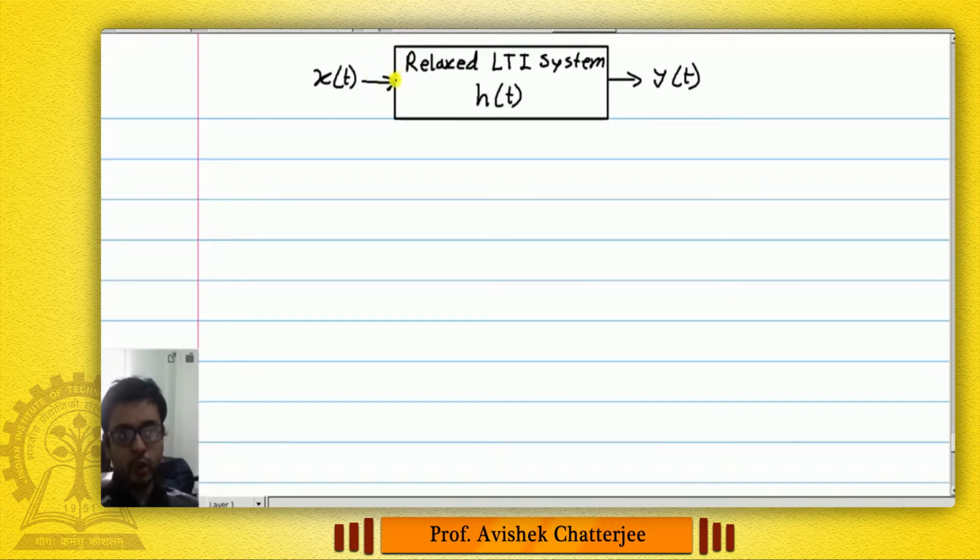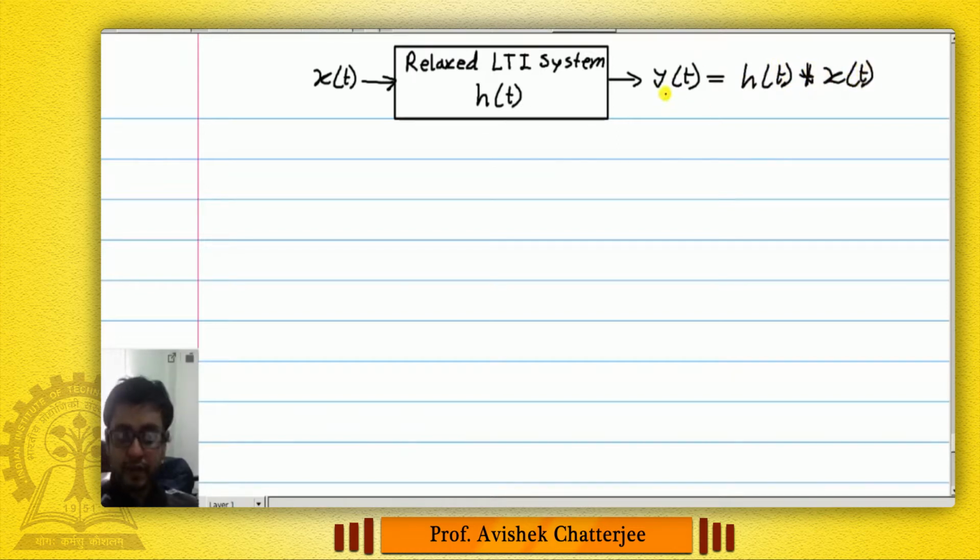So we know that if we have an LTI system with impulse response h(t), and if we apply the input x(t) under relaxed condition, then the output will be y(t) equal to the convolution of h and x.